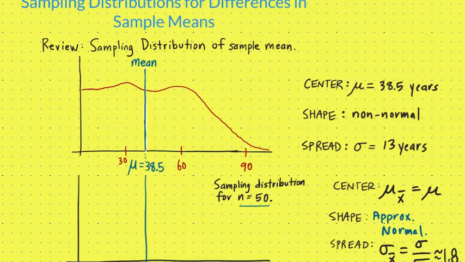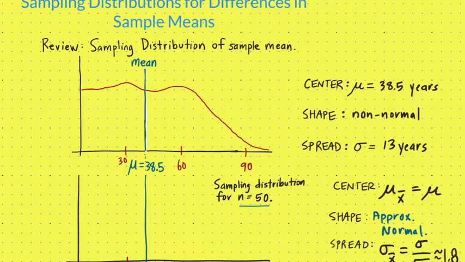So when I draw this normal curve down here at the bottom, my normal curve should be centered at 38.5. It should be bell-shaped, and it should have a spread of a standard deviation of about 1.8. If I multiply that by 3, that is about 5.5. And that tells me that at 44 and 33, I should have basically covered everybody.